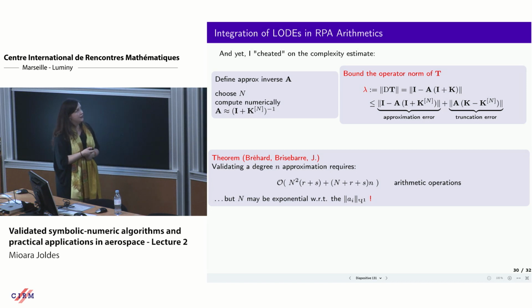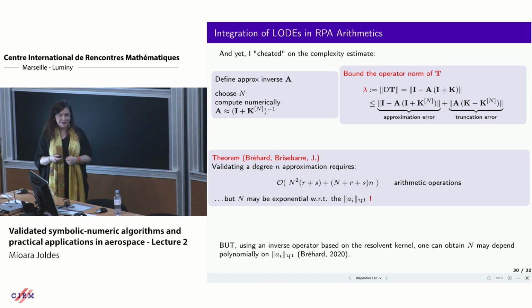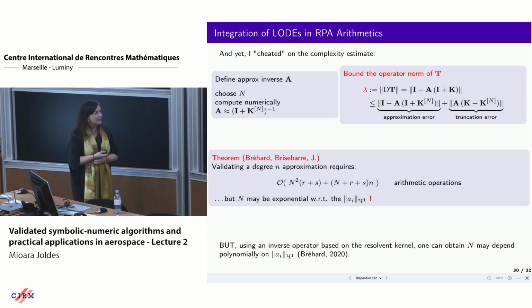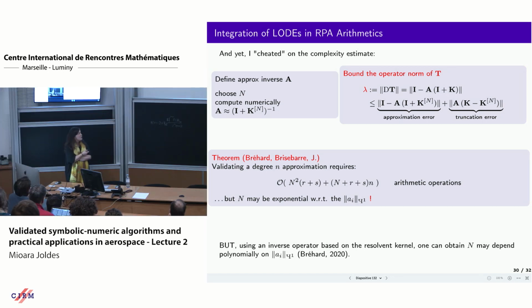So this is an issue, and of course, after Florent finished his thesis, he became smarter, way smarter, and he was able to use a little different trick and to truncate actually the resolvent kernel of the integral operator, and not the one that I showed. And in this case, he can have a little better bound.